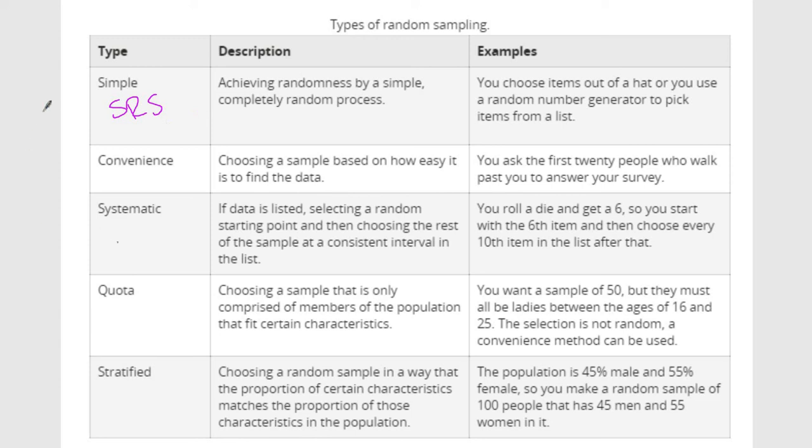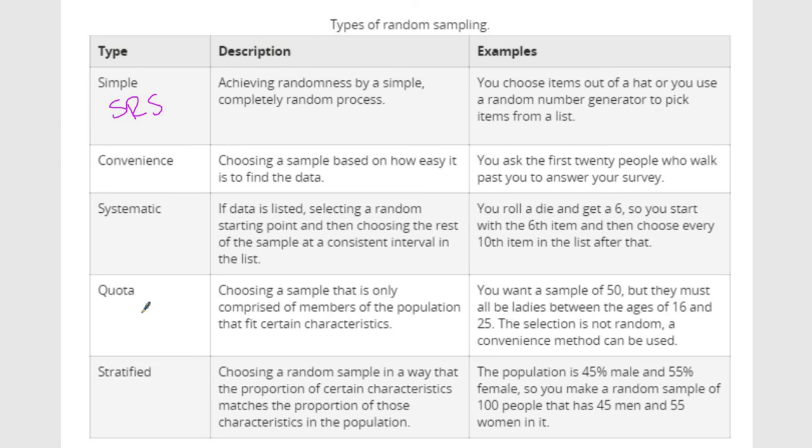Systematic is kind of more, think about if you can't just do things randomly and you've got to have rules, do systematic. That's like rolling a dice, and then you start with the 6th person in line, and then you choose every 10th person after that. That would be systematic.